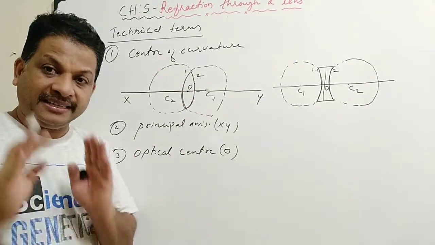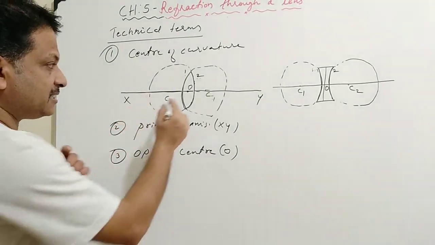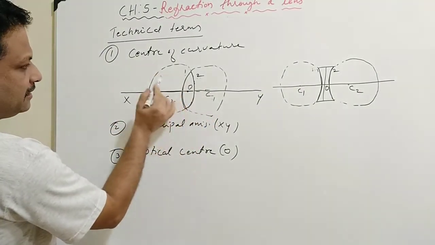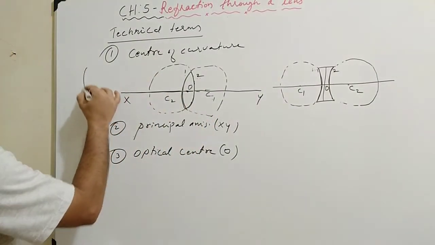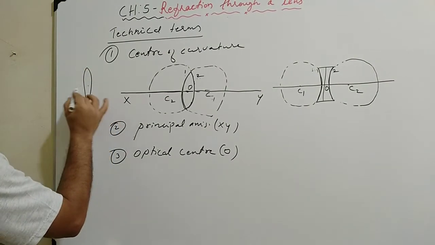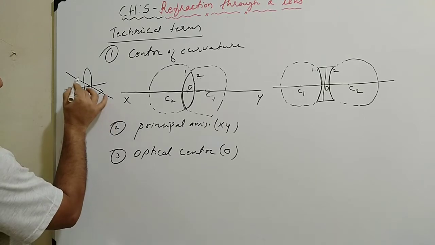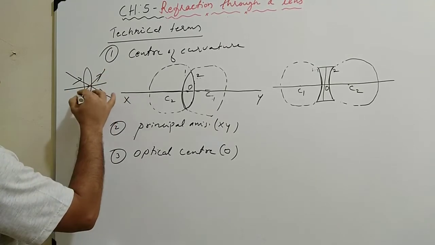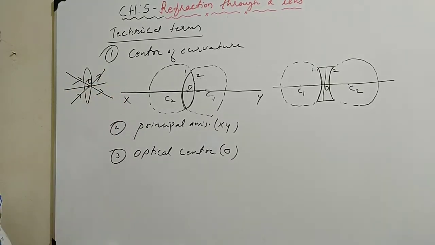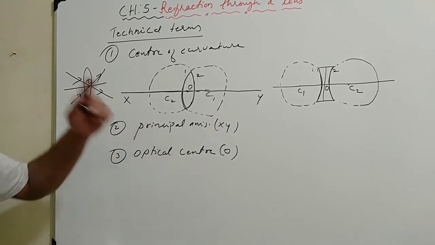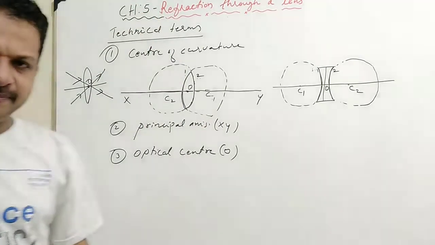So as a whole, we consider that a ray of light traveling through the optical center passes undeviated. Okay, the central portion of the lens. Clear? Okay. So optical center, principal axis, center of curvature.